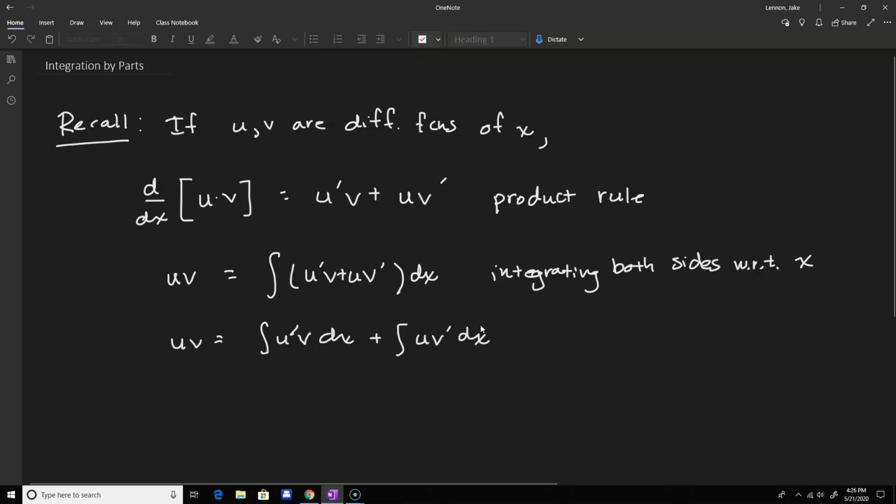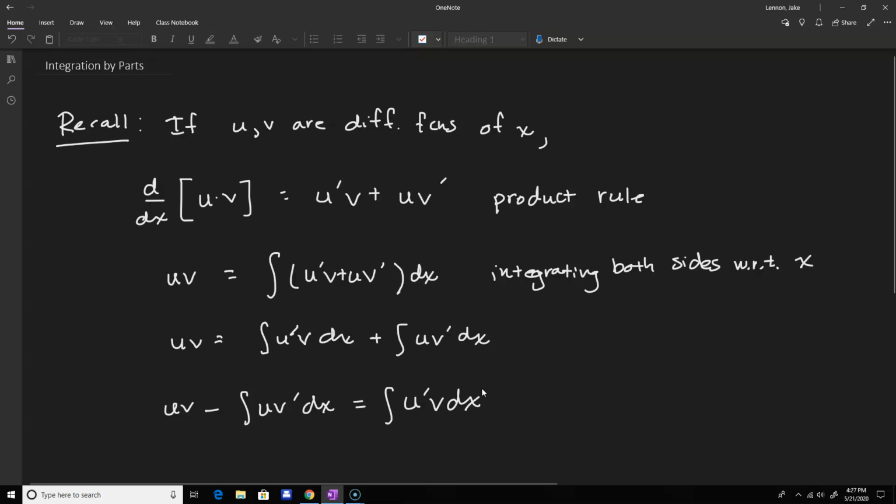What we want to do is subtract one of these integrals and move it to the other side. So we have uv minus the integral of uv prime dx, and this is going to equal the integral of u prime v dx.